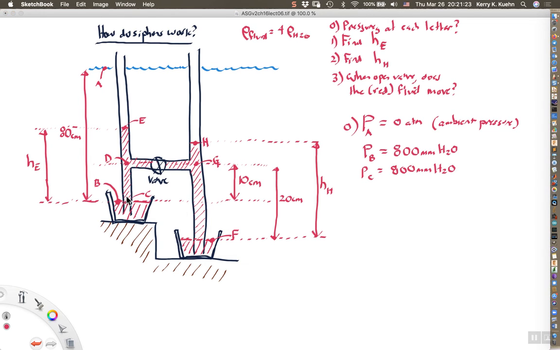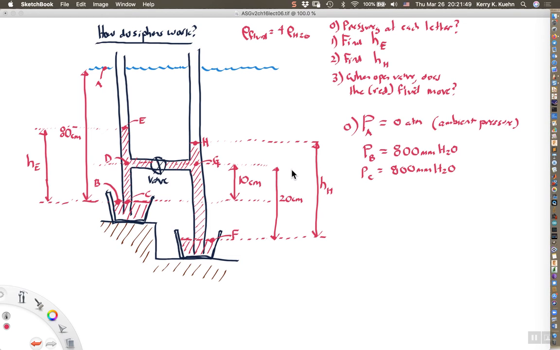Another way to think about this is that 800 millimeters of water has to have the same pressure as this column of this mystery fluid right here. So this fluid right here has to weigh the same amount as 800 millimeters of water. So we could call the pressure in here at that exact point 800 millimeters of water.